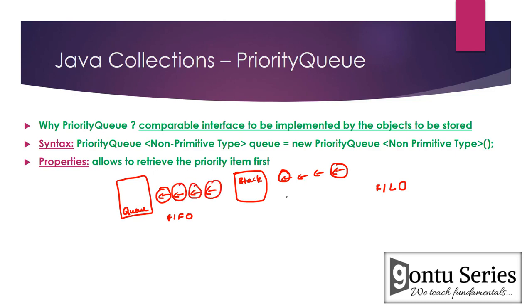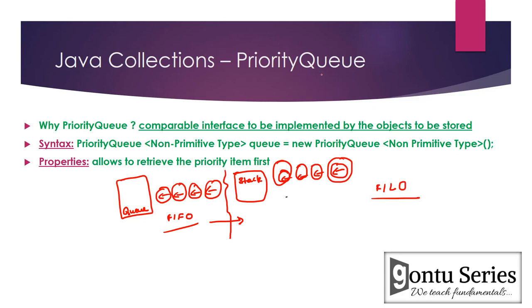And how stack works, it's going to give you first this element, then this element, then this element, and this element. So queue is basically right opposite to how stack works. This works on the principle first in, last out, and this works on the principle first in, first out.